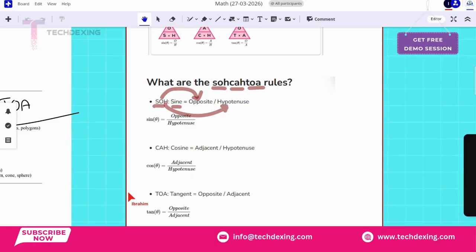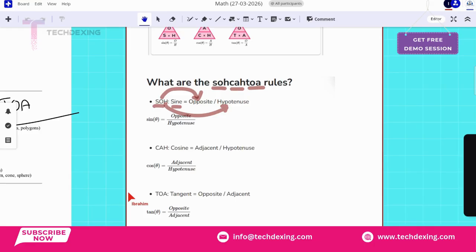So to find sine, we divide opposite by hypotenuse. If we want to find the value of theta, we can do it like that. If we want to find the opposite side, we can use that. If the opposite side and the angle are given and we want to find the hypotenuse, we can use that. In these three scenarios we use this.